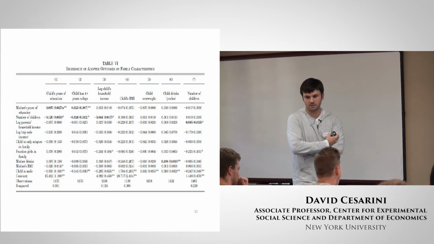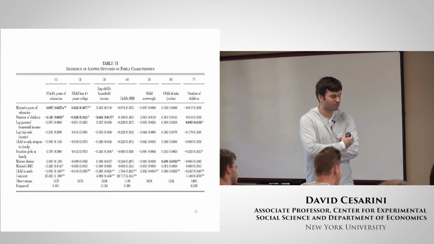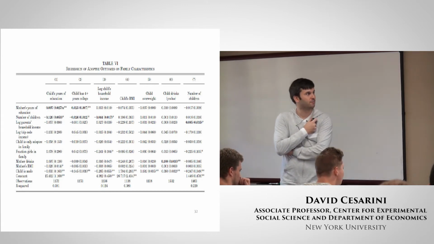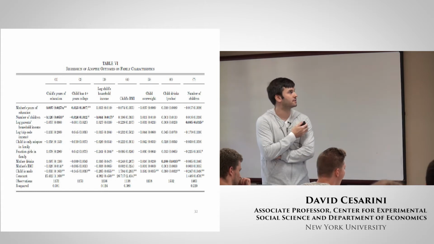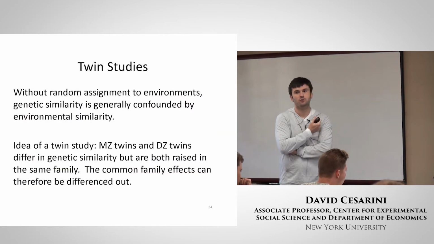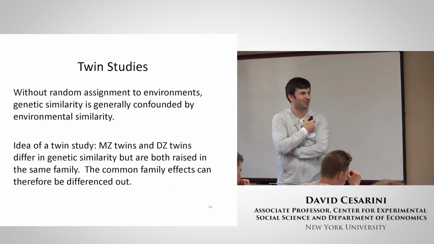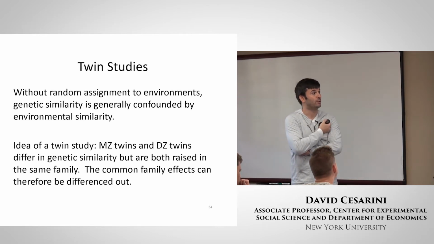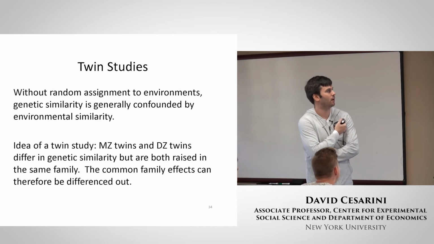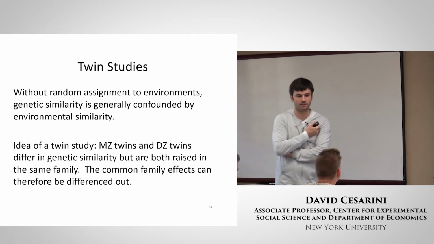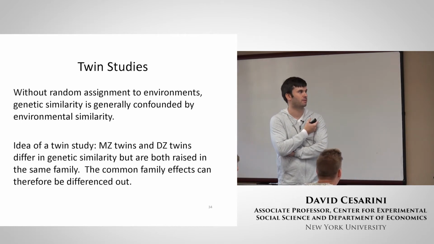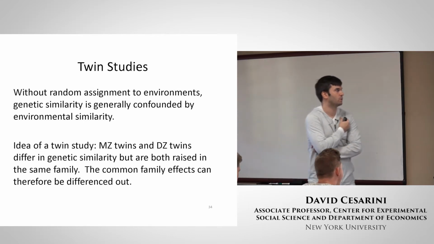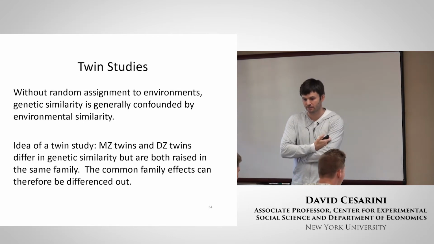So twin studies. Pairs of twins are going to have some degree of genetic relatedness, but ordinarily they're also raised in the same family, and so you can't infer from just a twin correlation the heritability or the proportional variance explained by these shared environmental effects.